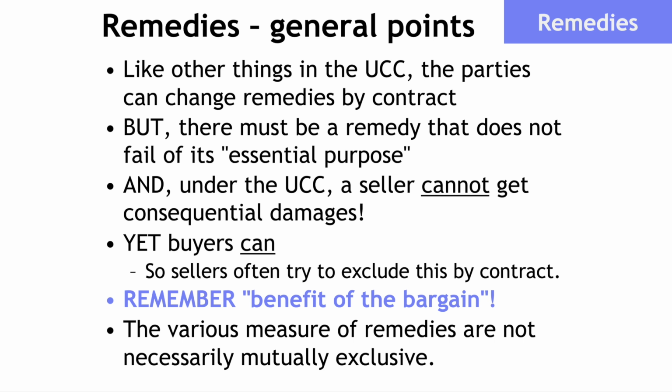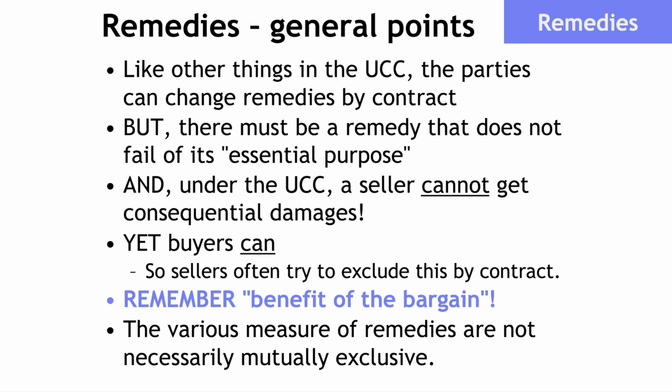But sellers can't get consequential damages, even if they say they're entitled to them, because what do sellers get? Sellers get money. What's the consequence of not having money? The UCC assumes you can go to the bank. If you're having a cash flow problem, we have finance, we have capital markets that let you fix that. So the UCC does not like the idea of sellers suing because they didn't get money on time.